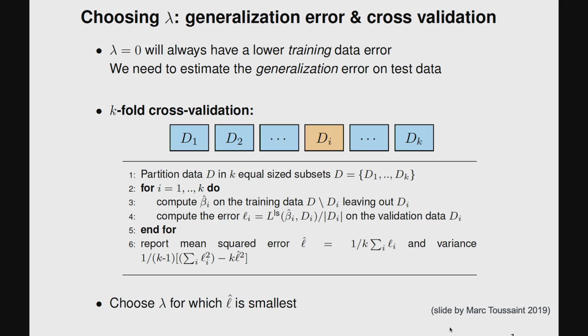Then you repeat this k many times, and you do not get one loss for a particular lambda, but k many losses, and you just average them. You do this for every lambda that you're interested in, and then you compare which one gives you the best loss. That's the lambda that you then choose in order to deliver your model.